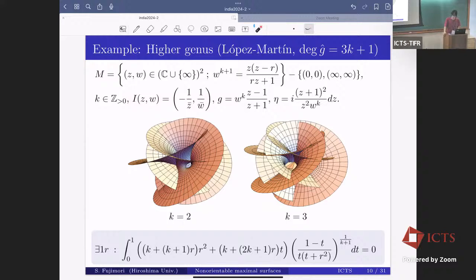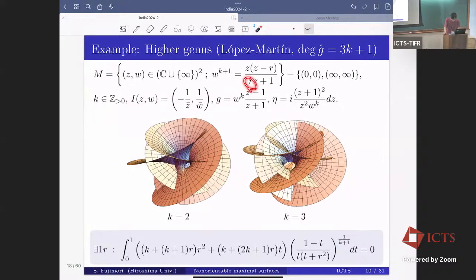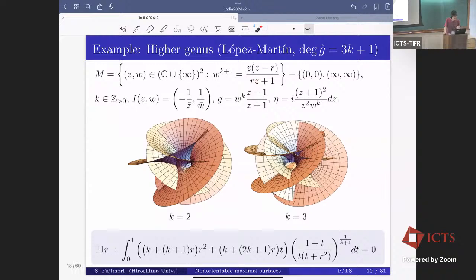Again, for each K there exists a unique R, which depends on K, such that the period problem is solved. But since the degree is pretty high, the surface looks very complicated.